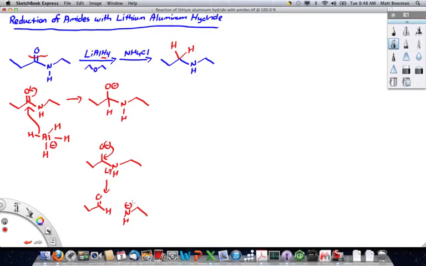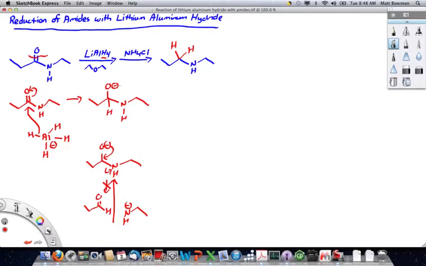N- are really, really strong bases, very unstable, and so you're really going uphill in energy. So it's much, much more likely that it goes this way than that way. So this process does not happen.